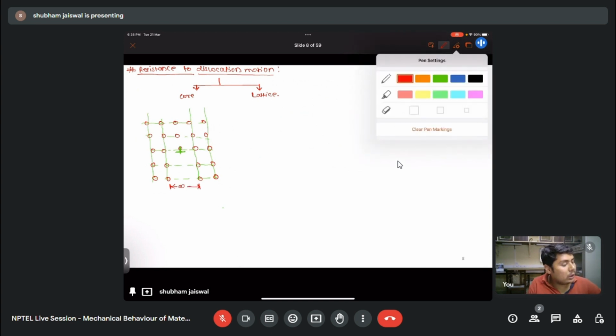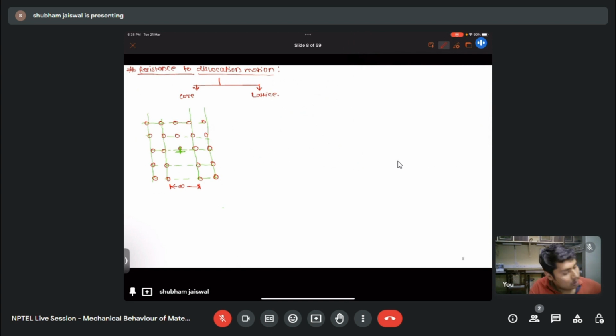Now consider the case where these planes are bending due to the addition of the extra half plane.